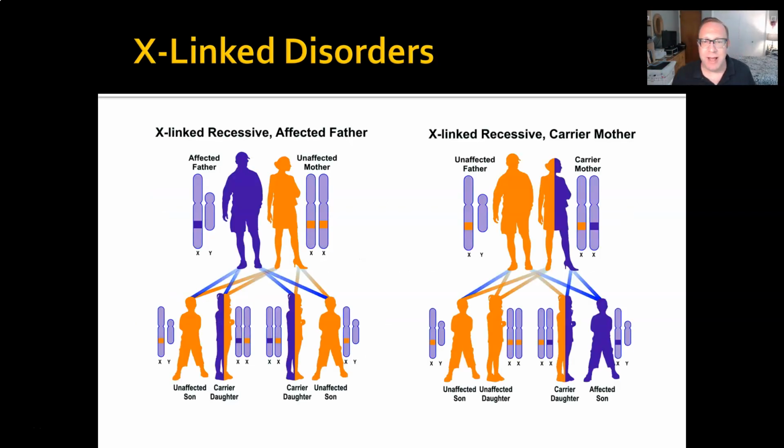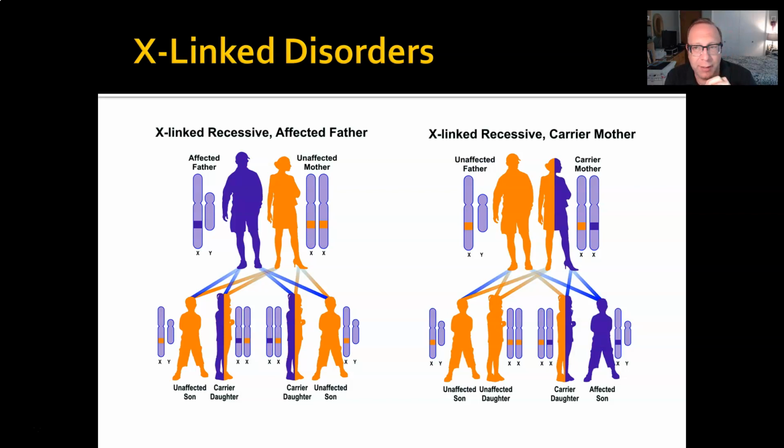Now, the thing about X-linked diseases is it matters which parent has the disease and whether they're a carrier or affected by the disease. So the first example I'm going to give you here is an X-linked recessive father with an unaffected mother. You can see that he has an X-linked trait.